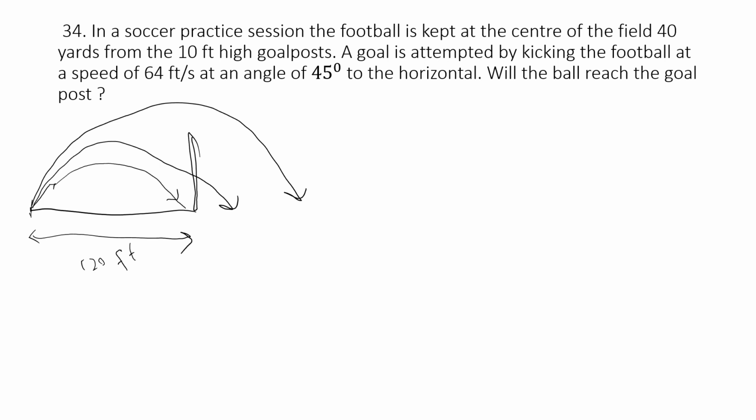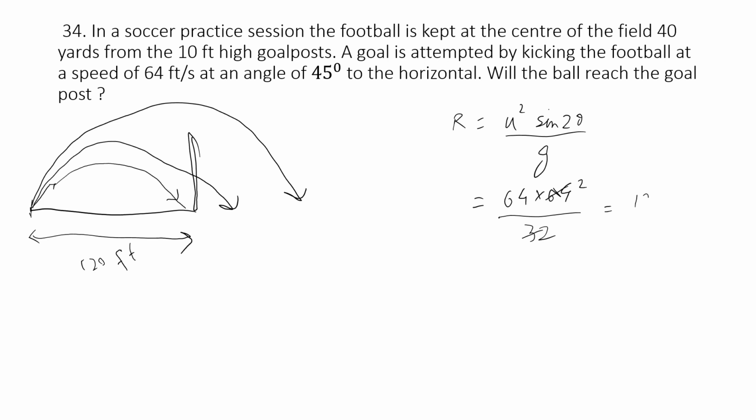So first of all, we'll calculate the range to eliminate the first scenario. So range is u square sine 2 theta by g, equal to 64 into 64, and sine 2 theta, theta is 45 degrees, so sine 2 theta is sine 90, upon g, which is 32 feet per second square.